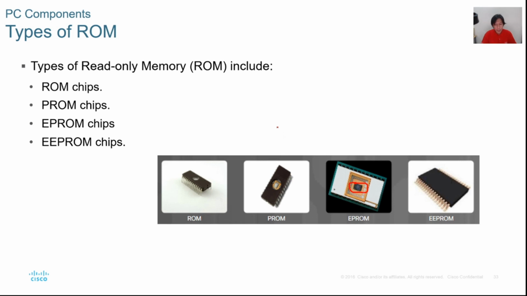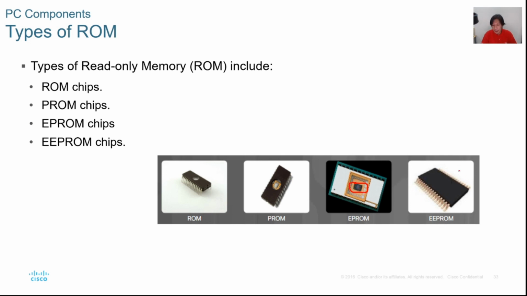You will see that this chip has a sticker, a heavy or somewhat gray sticker. When you remove that and expose it to sunlight or ultraviolet light, all of the data will be erased, and that's the time you can reprogram it again.